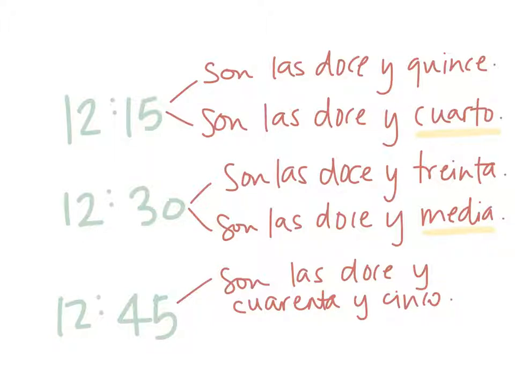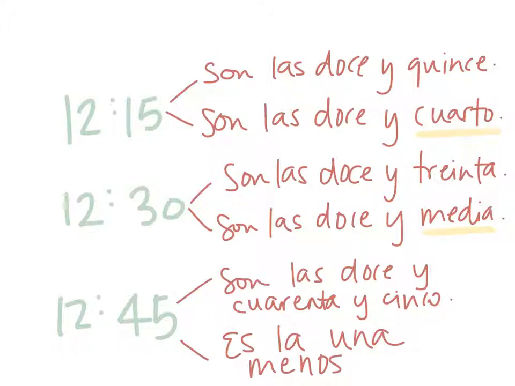The way that they would do that then would be to actually say it's 1 minus 15. So that would be es la una menos, or minus a quarter, cuarto.